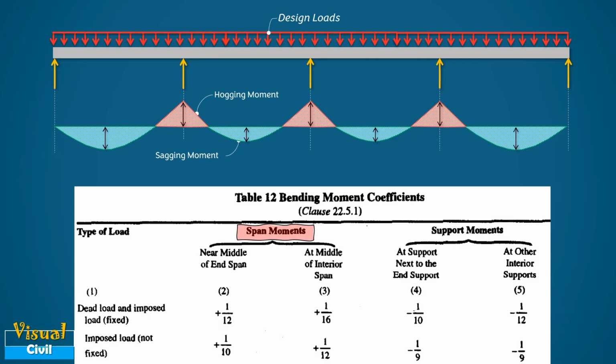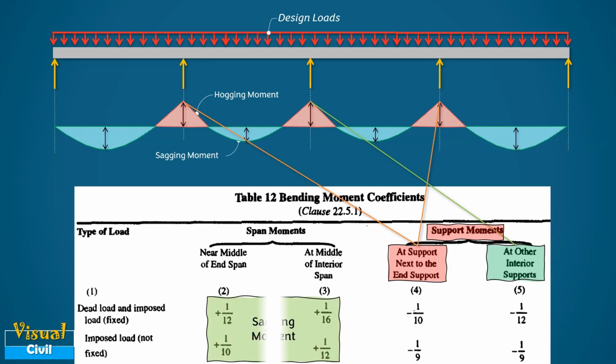Span moment coefficients provide values for moments near the middle of end span and at the middle of interior span, whereas support moment coefficients are used to determine moments at the support adjacent to the end support and at other interior supports. A positive sign of the span moment coefficient indicates a sagging moment, while a negative sign of support moment coefficients denotes a hogging moment.